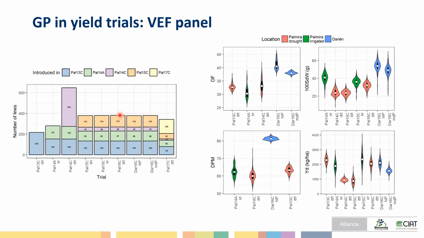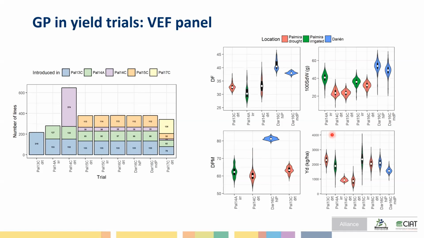For this reason, this population is continually renewed and new genotypes are added in each trait. In this work, we measured 4 traits: days to flowering, days to physiological maturity, seed weight, and yield.